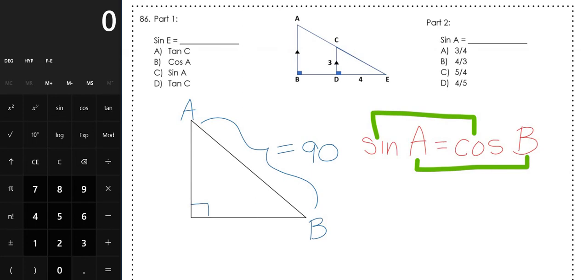This could also work in reverse. So I could say that the cosine of angle A will equal the sine of angle B.